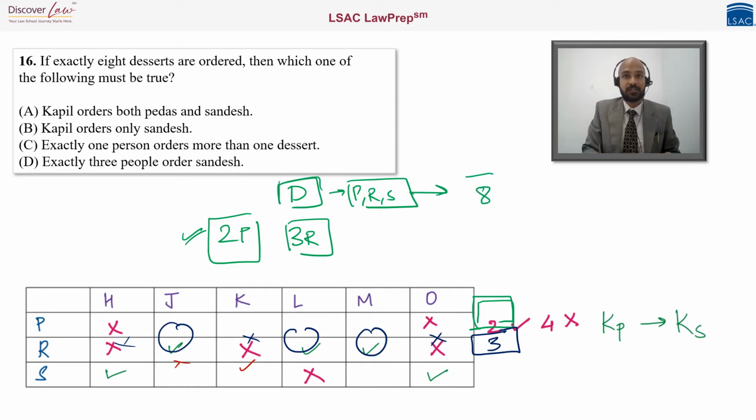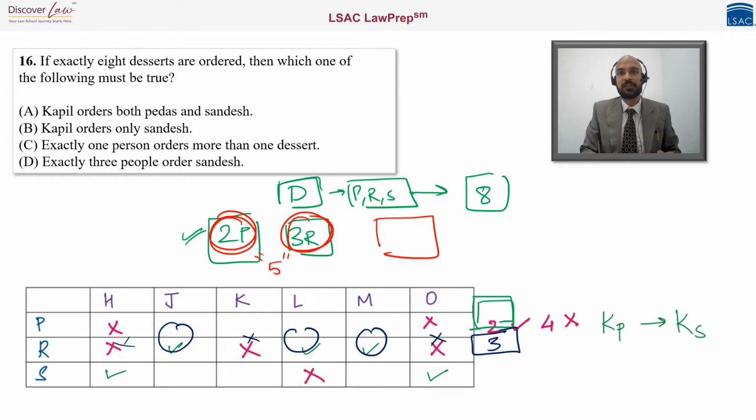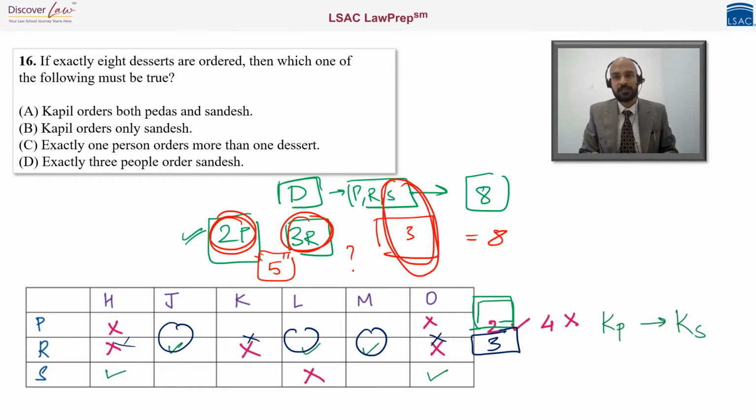We know it is 8. Out of this 8, we know that 2 are P and 3 are R, which makes a total of 5. So what is the number of S that should be there so that the total is 8? 5 plus what is 8? It is 3, which means you have 3 sundaes. Now you look at the options and you find that the answer is right there in option D. I hope you realize how easy it becomes once you understand how to use the diagram.